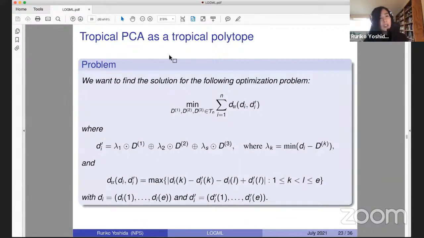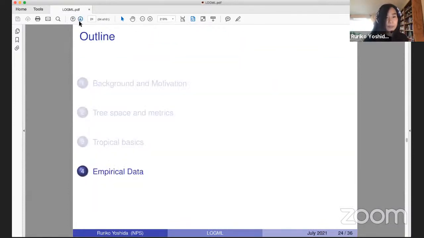All right. So the tropical PCA, I can also write as a mixed integer linear programming problem. So this is actually nice. Okay, so let me show you the main dish for our paper.